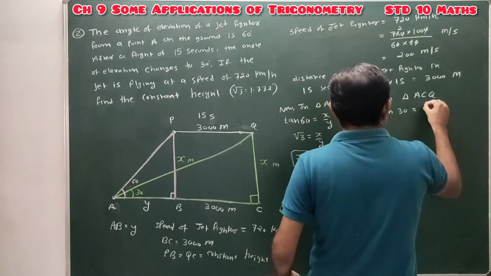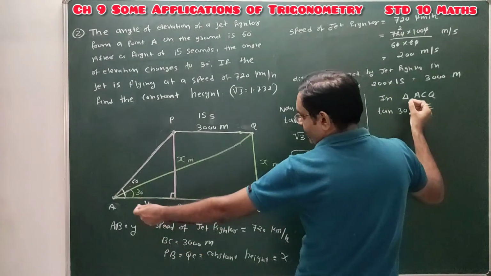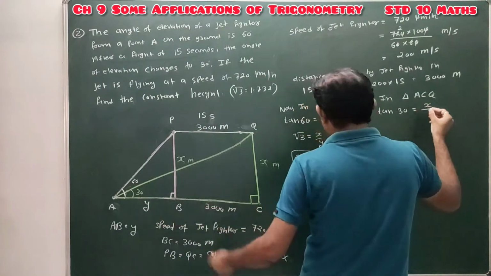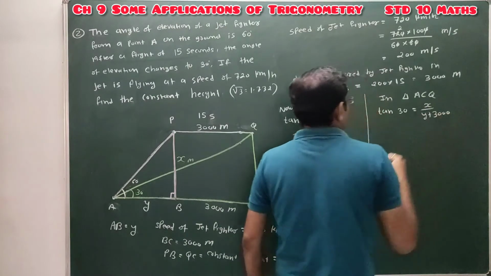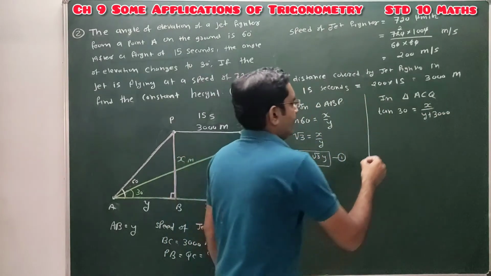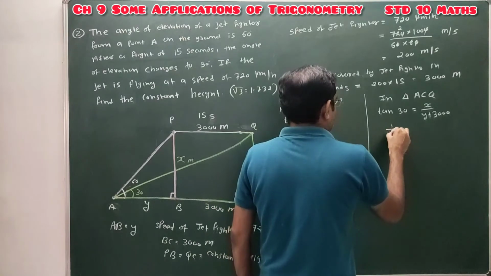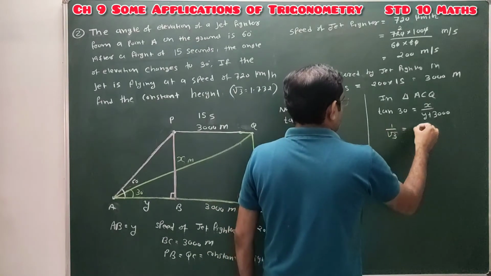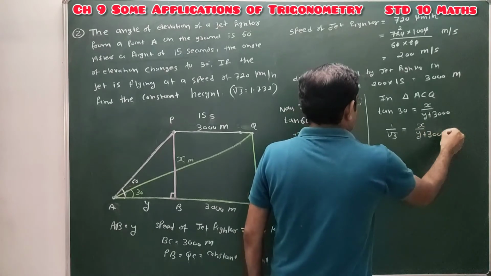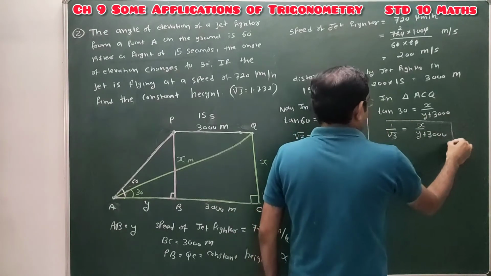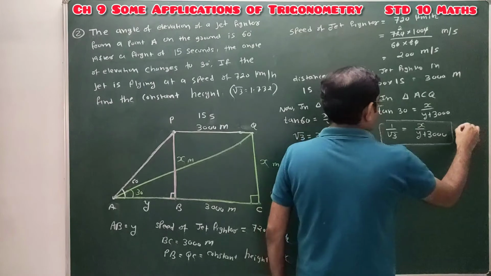QC is X and AC is AB plus BC, Y plus 3000. So put the value of tan 30. It's a 1 upon root 3 equal to X upon Y plus 3000. Say this one as a result number 2.